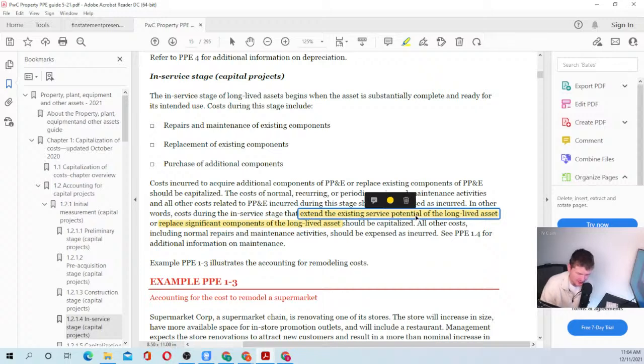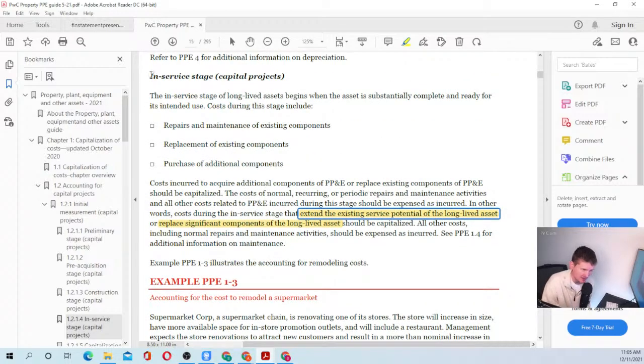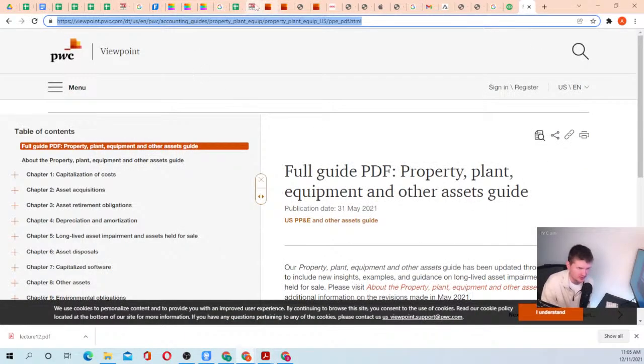I would say that part includes first, if we extend the useful life of our asset, and second, if we extend the production capacity of our asset. So in these situations, we will have to capitalize whatever we did to property, plant, and equipment when it's already in service stage. So that's important, it's important for it to be in service.